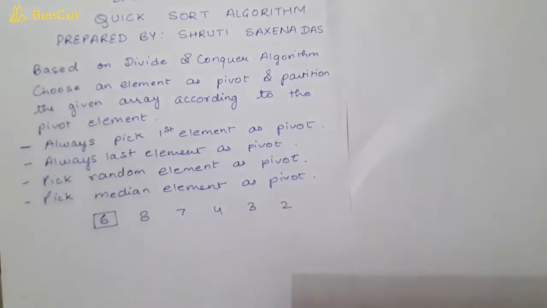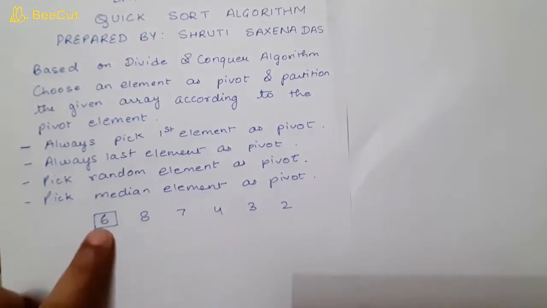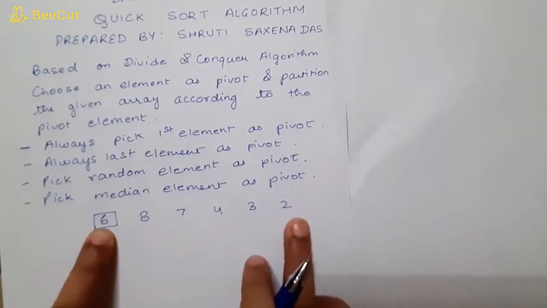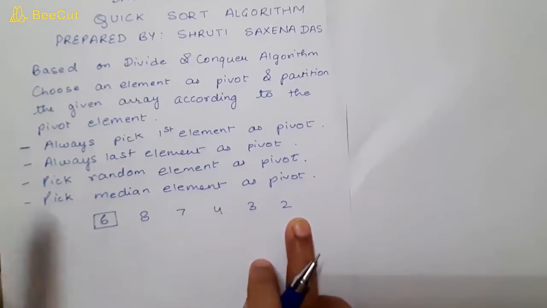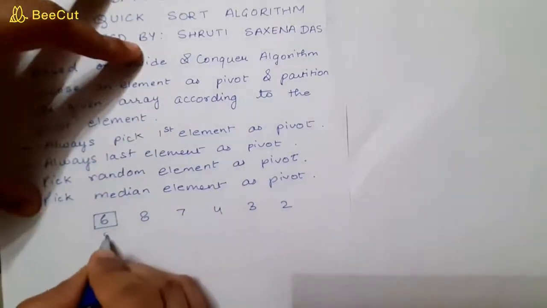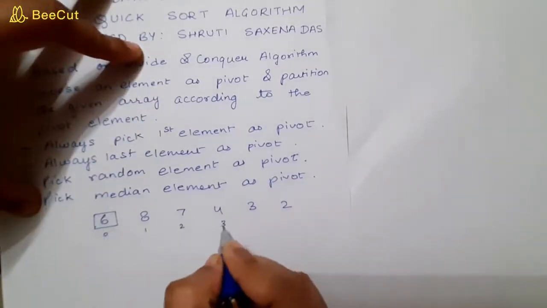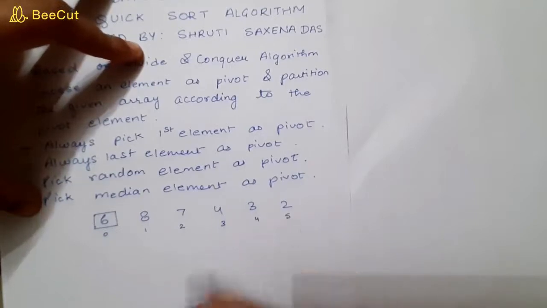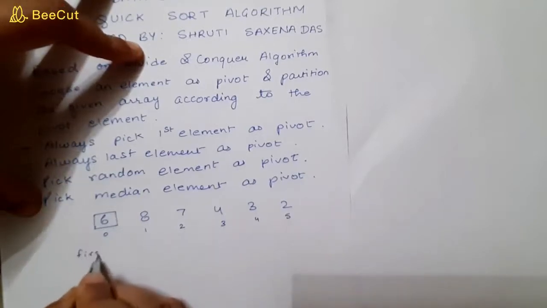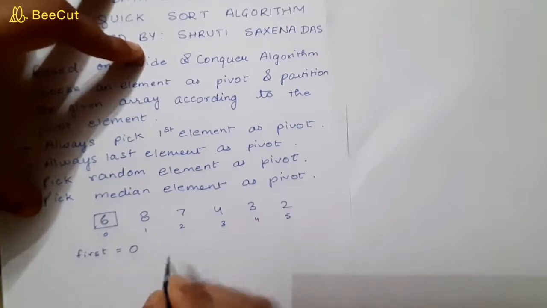Secondly, we'll take two variables, first and last. First means the first element of the array, and last will point to the last element of the array. As this is an array, the index starts from 0. So I'm taking first as 0 and last as 5.